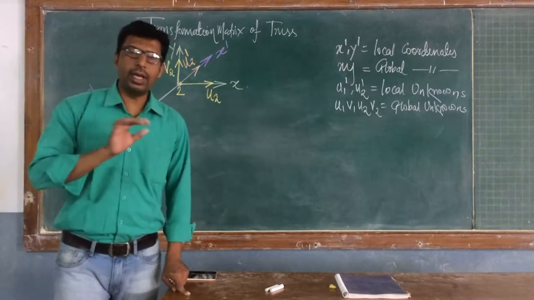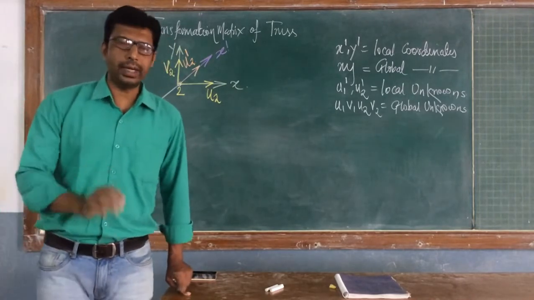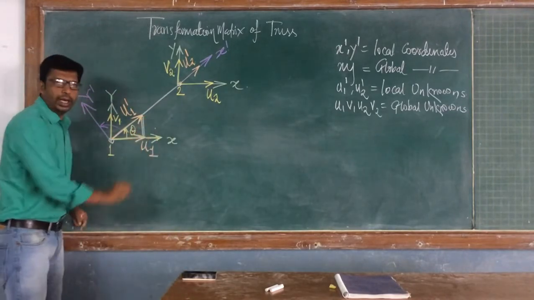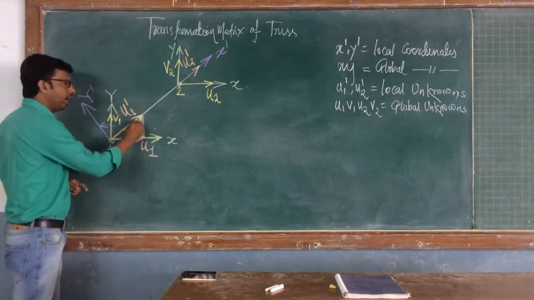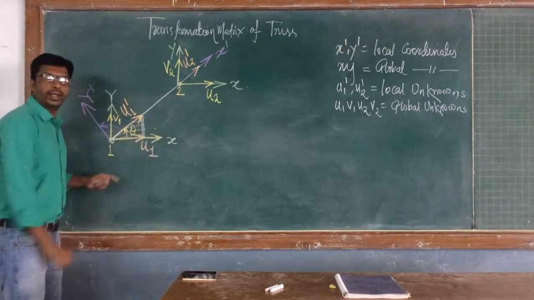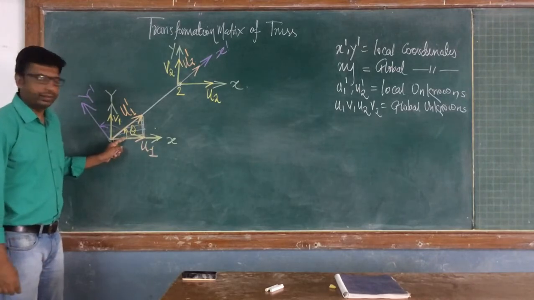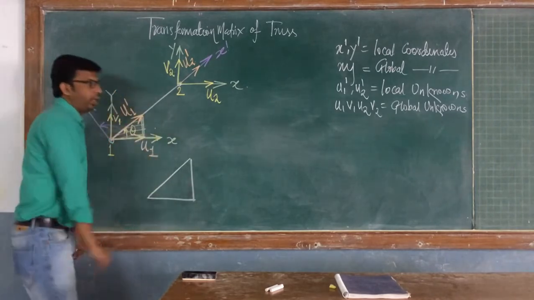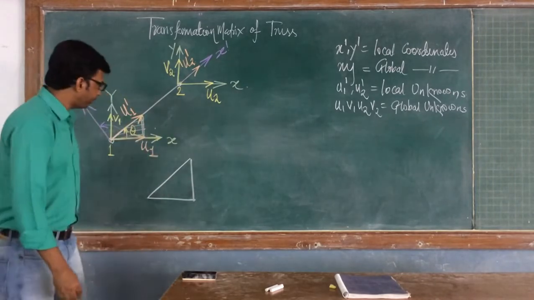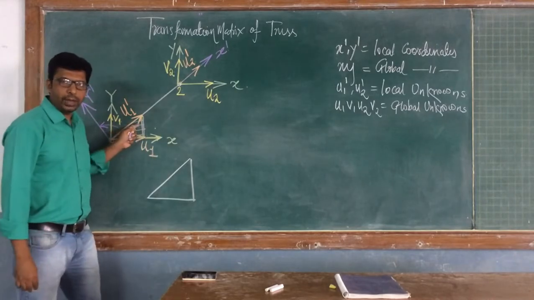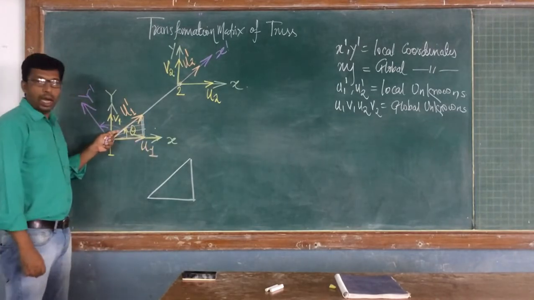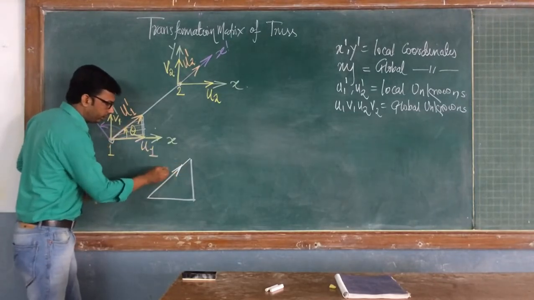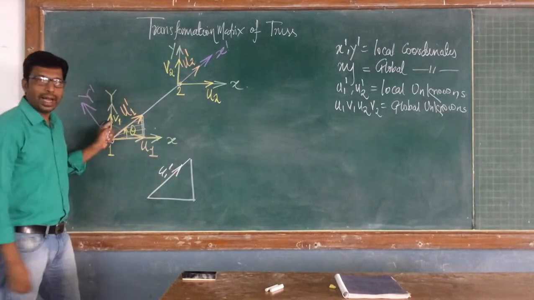Now we have to derive the relation between local unknowns and global unknowns. For that, if you draw one perpendicular here, and draw this triangle separately, this inclined edge represents the local displacement, that is u1 dash.